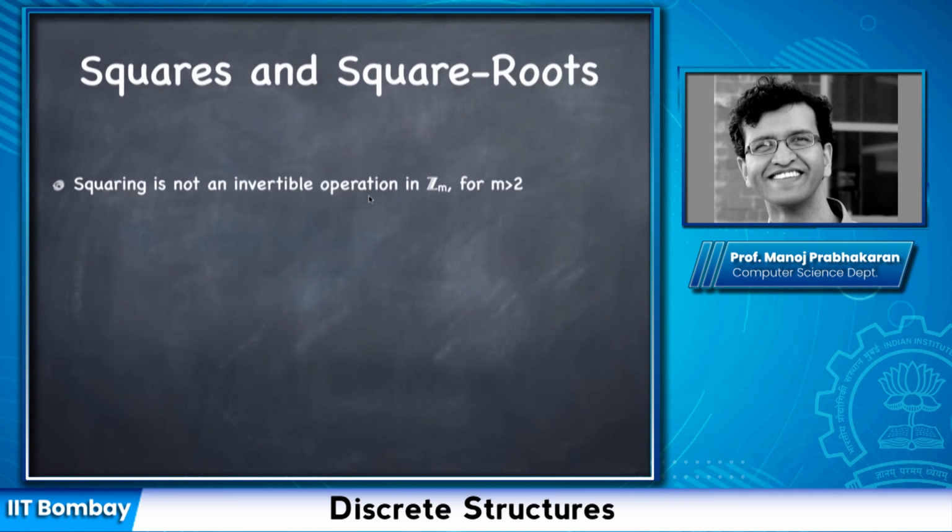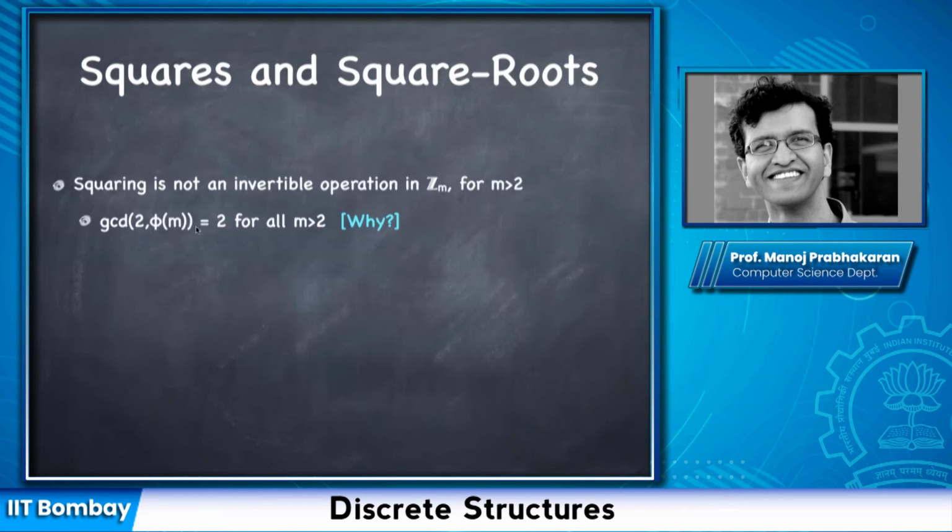Okay, so let's see why. One reason is from what we already saw: you would have unique square roots when the exponent is co-prime with phi of m, and as we shall see in a bit, otherwise it's not going to be unique.